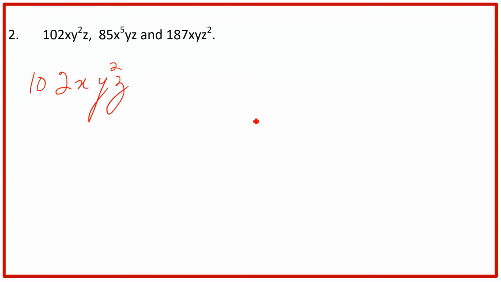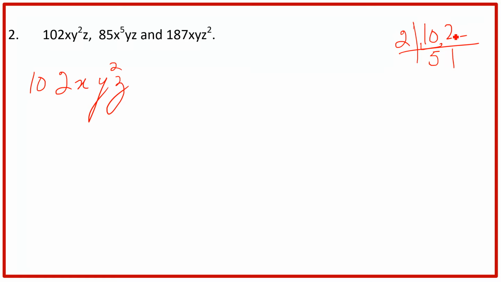So 102, if suppose you do not know how to make the factors of 102, no problem. Write down 102 here. Divide it. 2 5 times 10, and 2 1 time 2. Why I have started with 2? Because any number which ends with 0, 2, 4, 6, 8, it means it is divisible by 2.